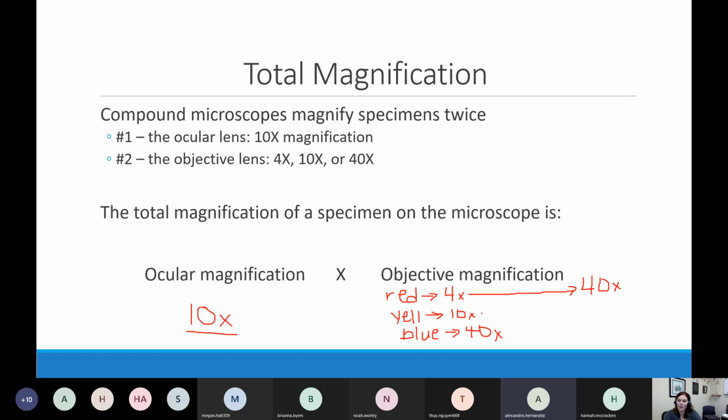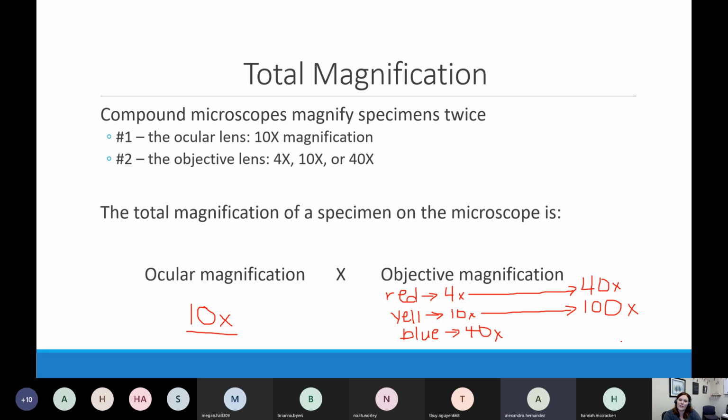And when I'm doing the yellow objective, 10 times for the ocular and 10 times for the objective. My total magnification with the low power objective in place, 10 times 10, which is exactly, yep, 100 times bigger.